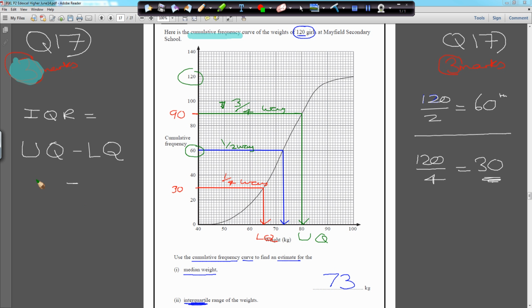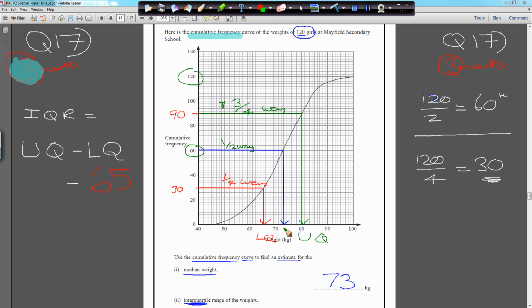This one here represents our upper quartile. Now let's go back over here to the lower quartile. Keeping the colors the same, the lower quartile value is along here, and each square is 1, so 61, 2, 3, 4, 5, 65. So the lower quartile value is 65. The upper quartile value is 80.